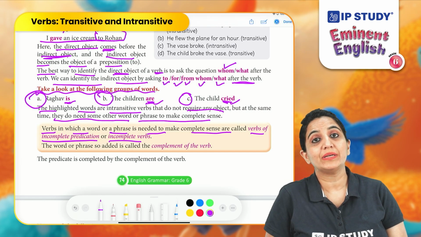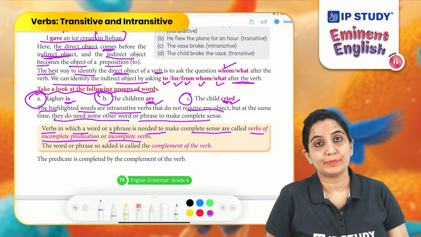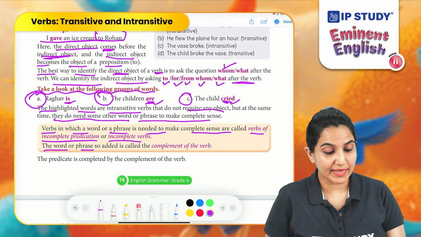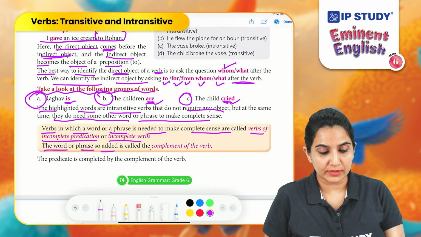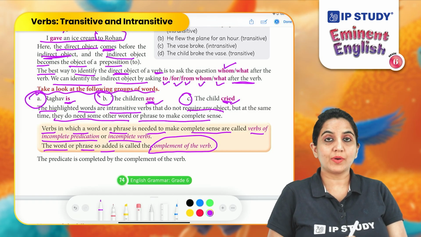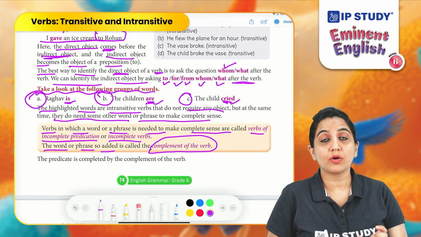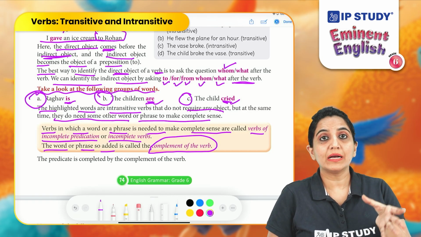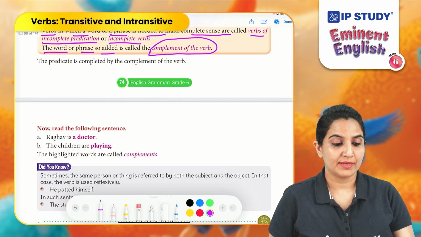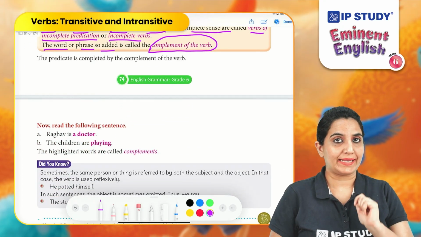That means they do need a predicate. They are incomplete. The word or phrase so added is called the complement of the verb. That means we need to add a word, which will be called a complement of the verb, to complete its meaning in order to complete the predicate.